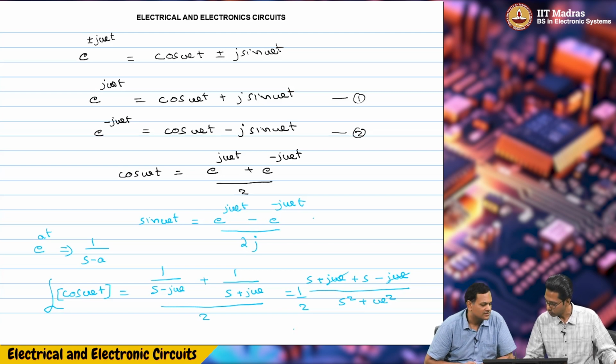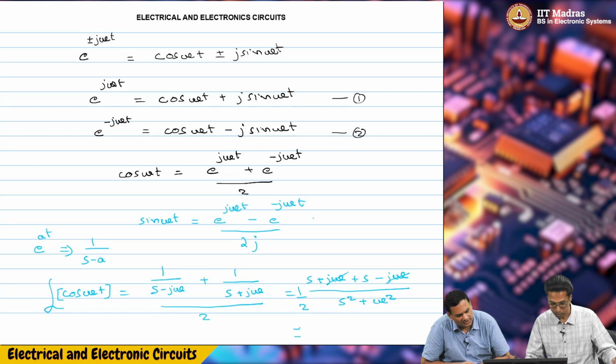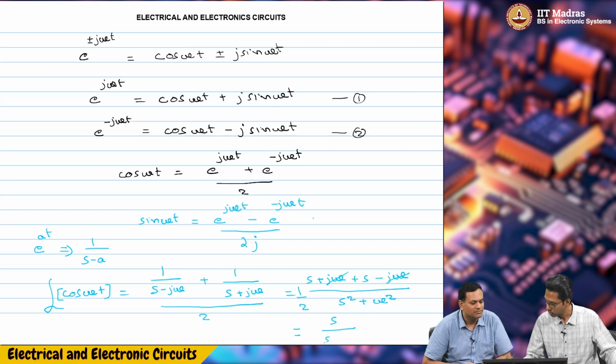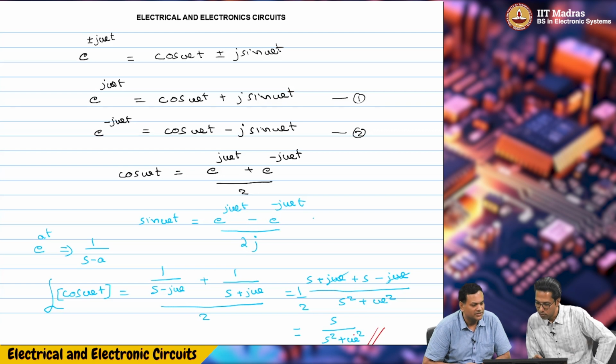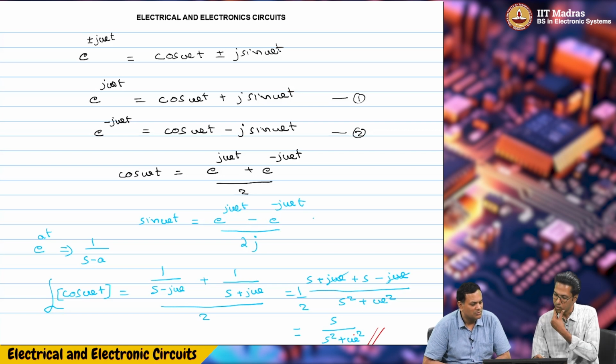So this is coming as s by s square plus omega square. So cos omega t gives s by s square plus omega square.